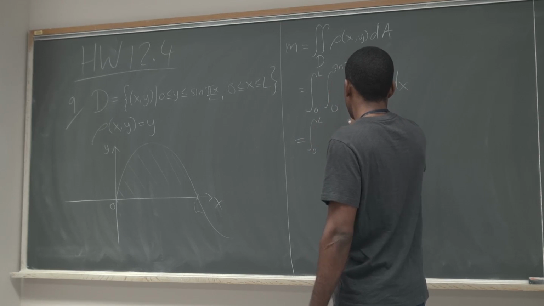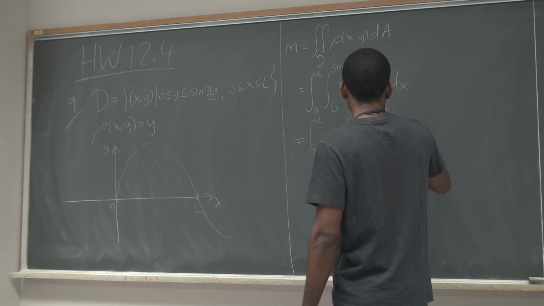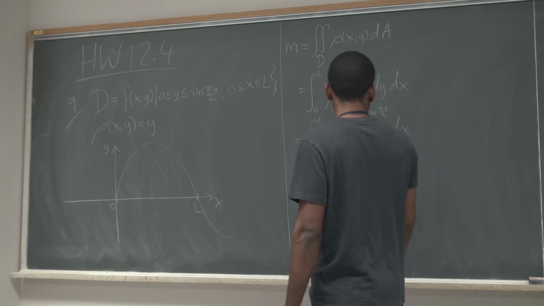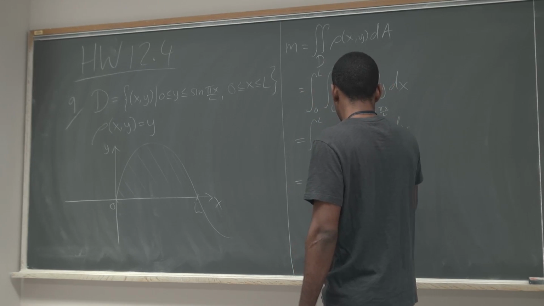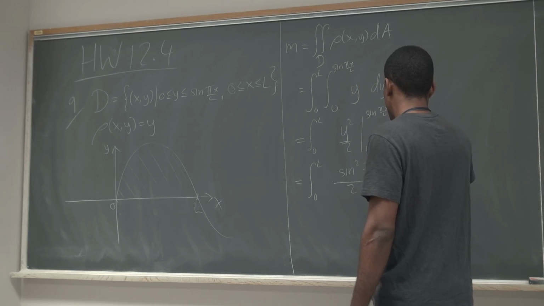This gives us y squared over 2. Plug in the sine, I get sine squared of pi x over L all over 2 dx.